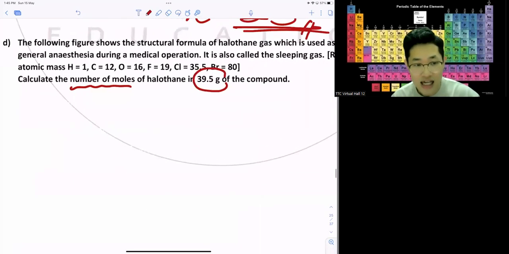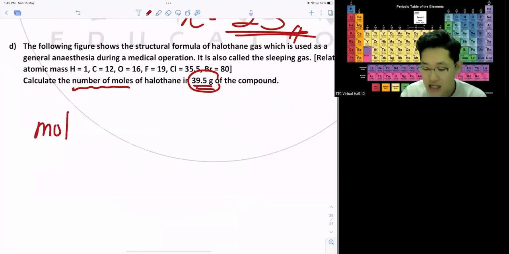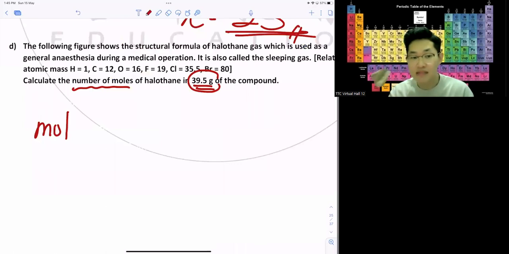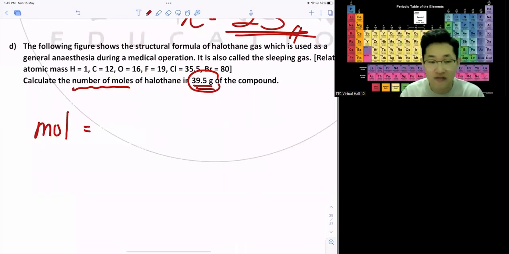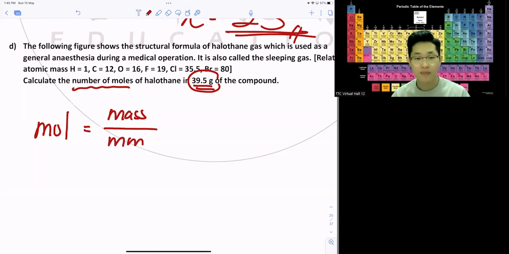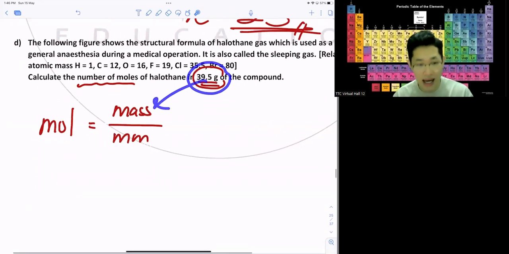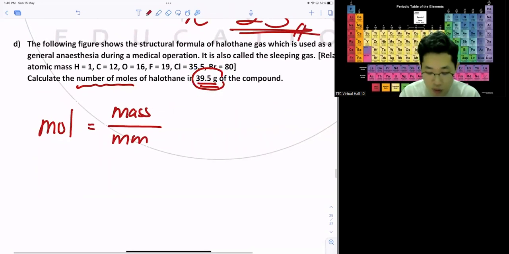So obviously, I see the word mole, and I also see mass. Gram is mass. So I will be using the formula mass over molar mass. They gave me 39.5 to sub into the mass. So I will just put it in.